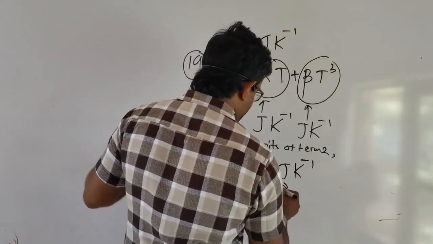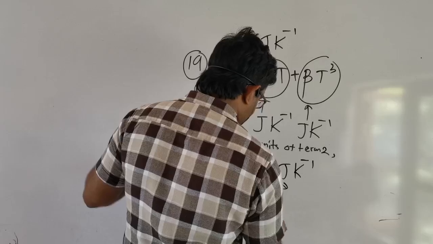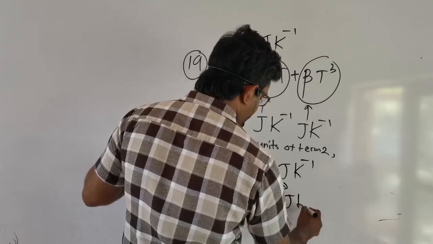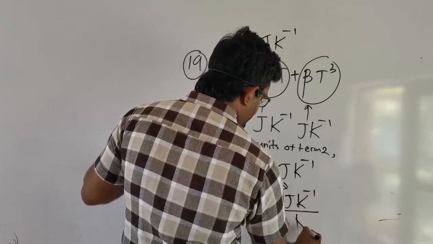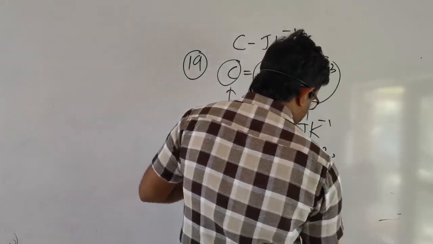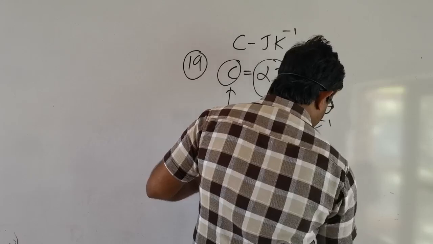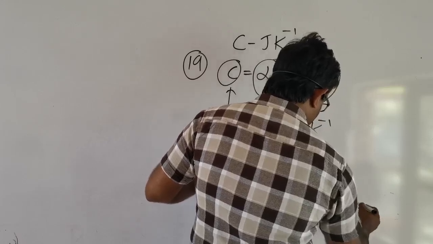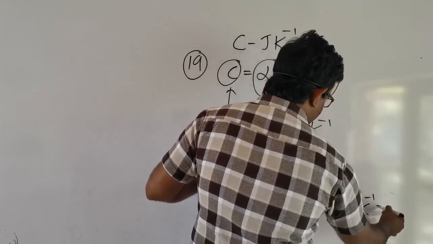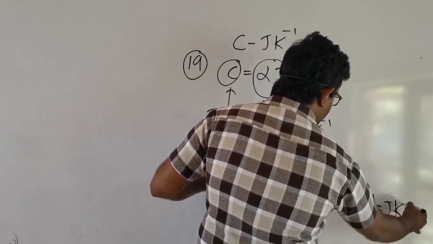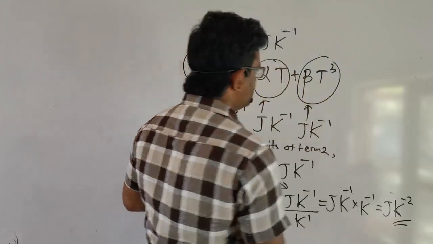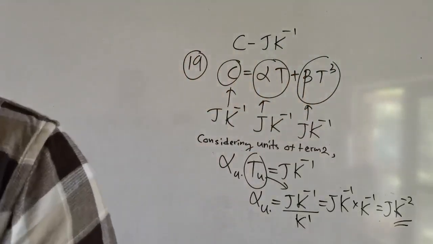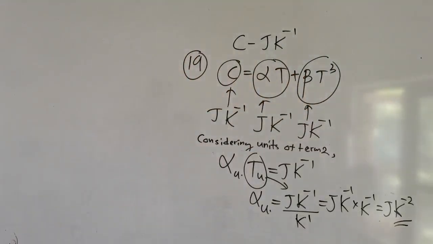Again the same procedure: units of alpha equals J K minus 1 divided by Kelvin. We can take that to the numerator, J K minus 1 into K minus 1. So that is J K minus 2.